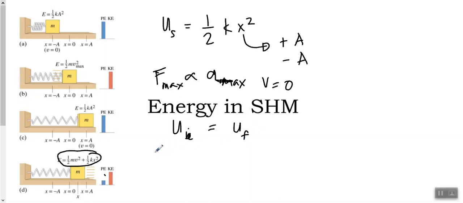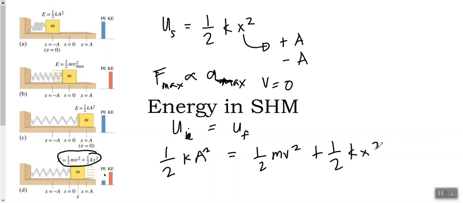So the energy before would be 1/2 k a squared, and then the energy after, to make one cycle, is 1/2 kx squared plus 1/2 mv squared. So if we're going to find the velocity, either the maximum velocity or the velocity at a certain point, we could use this equation to be able to find it.